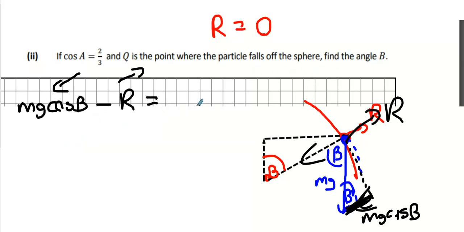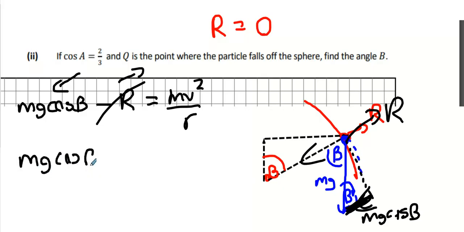Okay, so the R doesn't really matter. And then what we're claiming is that that's mv squared over r. Is that okay? Now, r goes away, and what do we have? mg cos B. I'll bring up the r. mgr cos B equals mv squared, yeah?